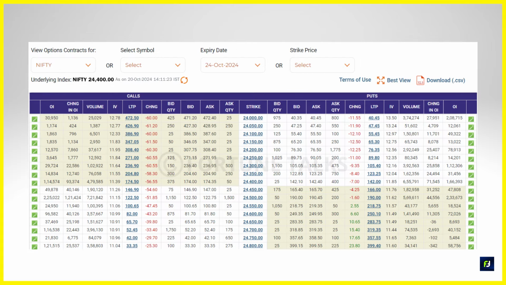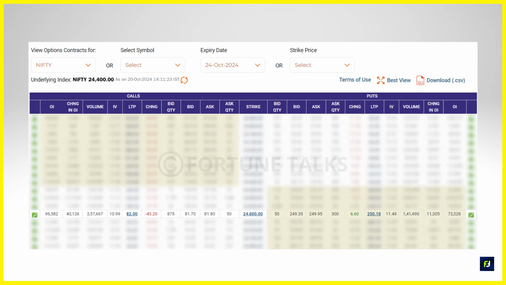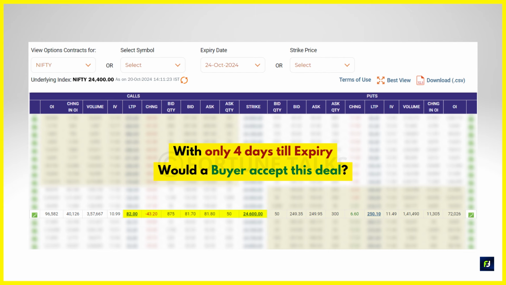Now consider a similar scenario, but for the Nifty index option with a current week expiry. Let's say Nifty is trading at 24,400 rupees. Assume there are only 4 days to expiry. One lot of Nifty 24,600 call option with the current week expiry is trading at 82 rupees. Now, as an option buyer, would you be willing to pay 82 rupees as premium with the expiry happening in just 4 days?